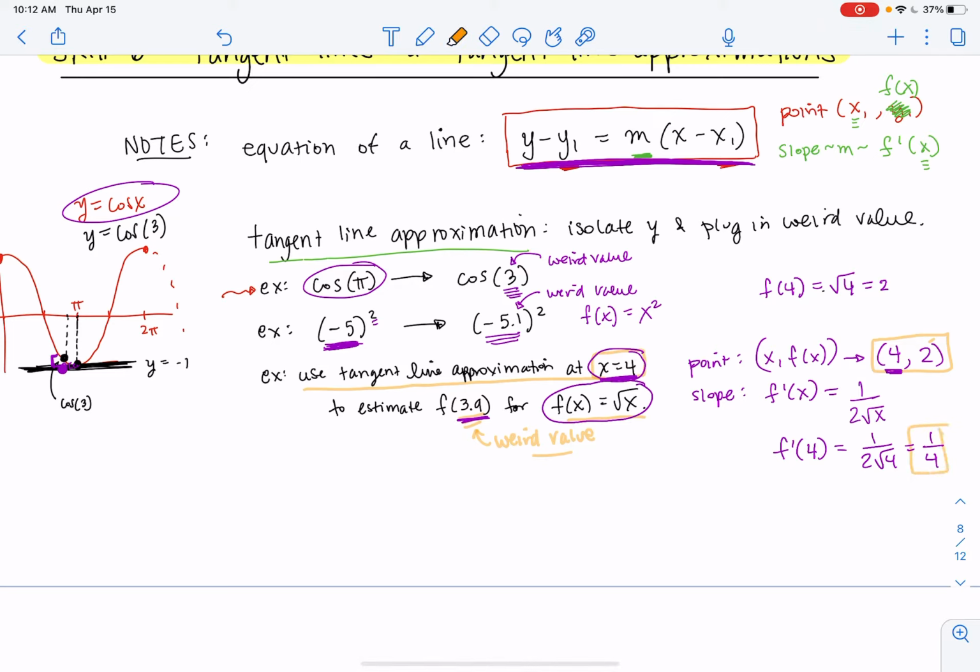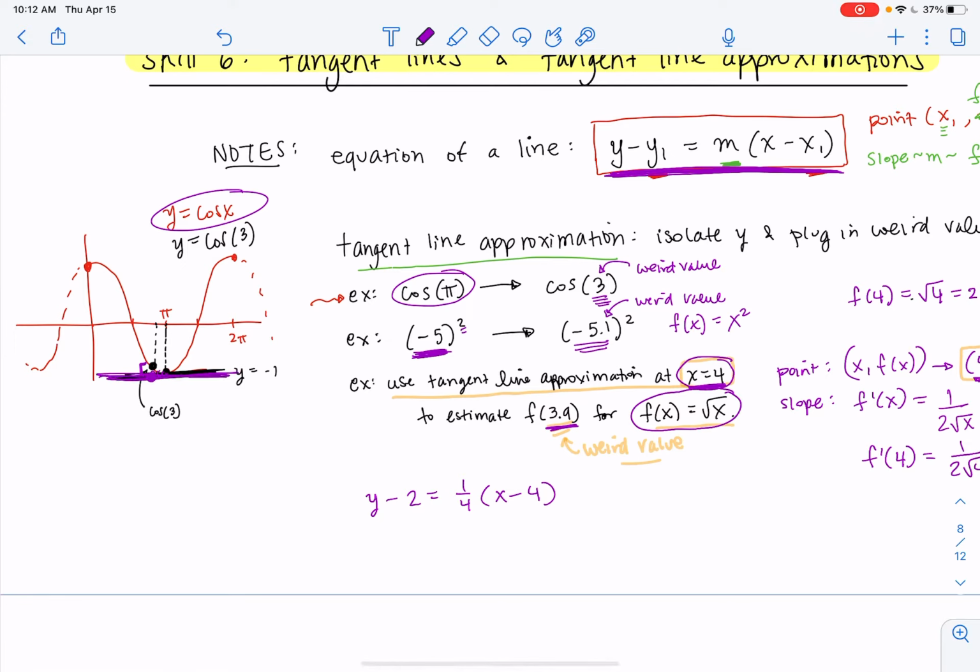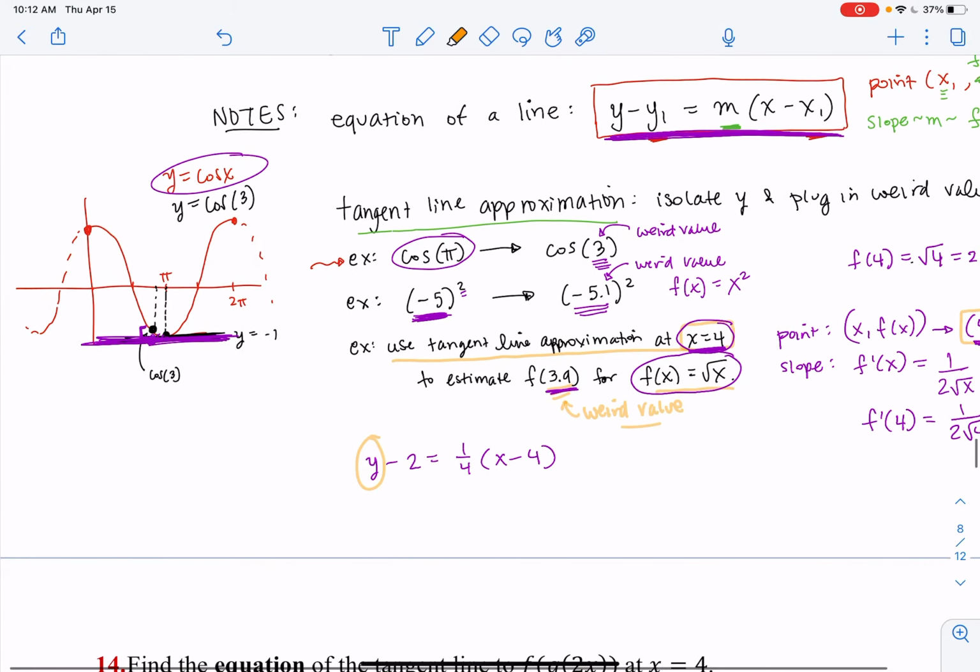Now I have my point and my slope, so I can go ahead and plug them in to figure out my equation of the line. So I have y minus y1 equals m times x minus x1. So from here, guys, what we've just found is the equation of the tangent line, basically. Now what we want to do is isolate our y, because that's going to be our answer.